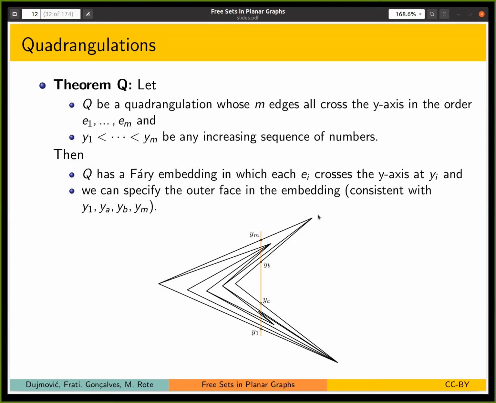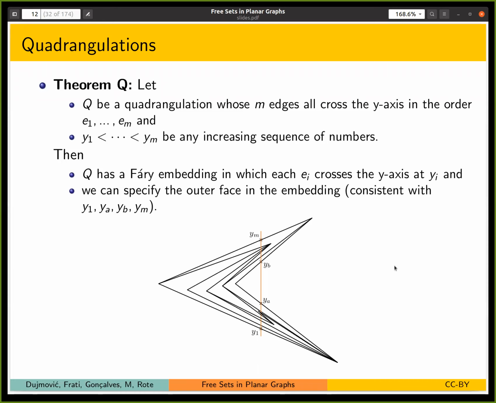You even tell me what the outer face has to look like. So you basically tell me the positions of the 4 vertices on the outer face, and of course, that has to be consistent with where you asked me to place the uppermost, the bottommost, and these 2 central ones. And so this is what I think is the hard part.